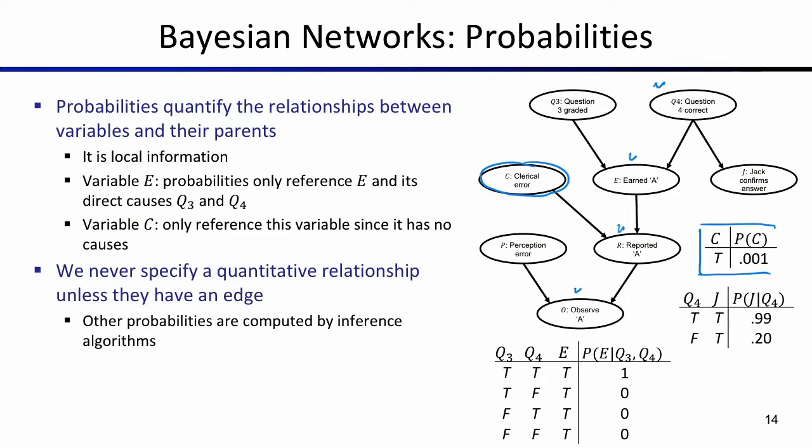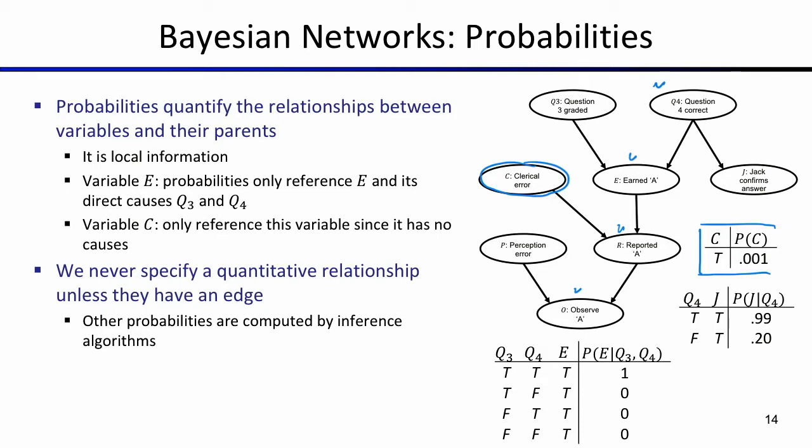We are saying that the probability of having a clerical error, that is, the professor entered the incorrect grade in the system, is very small. It's 0.001, because it was said in the description of the problem that the professor is very careful. So that's good. As C has no parent, the only information that we have in the table is C, not any other variable.